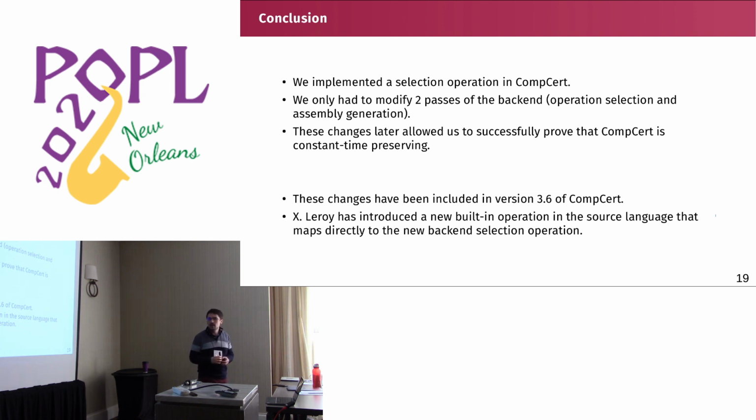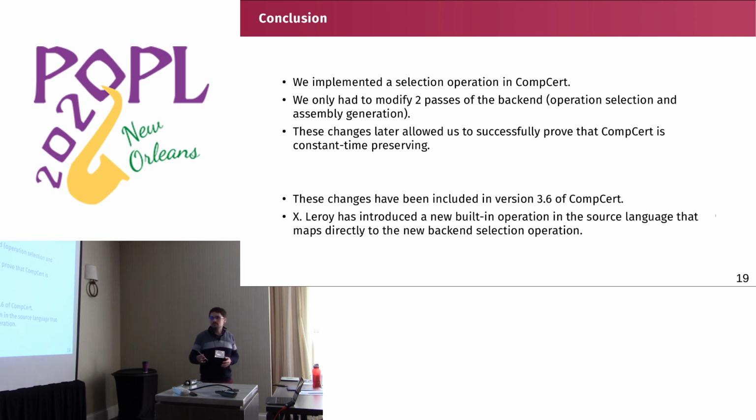So we only had to modify two of the passes of the backend compiler, only the very beginning and the very end of the backend, and all these changes that I've presented allowed us to prove that our modified CompCert compiler is constant time preserving, which is what yesterday's talk was about.